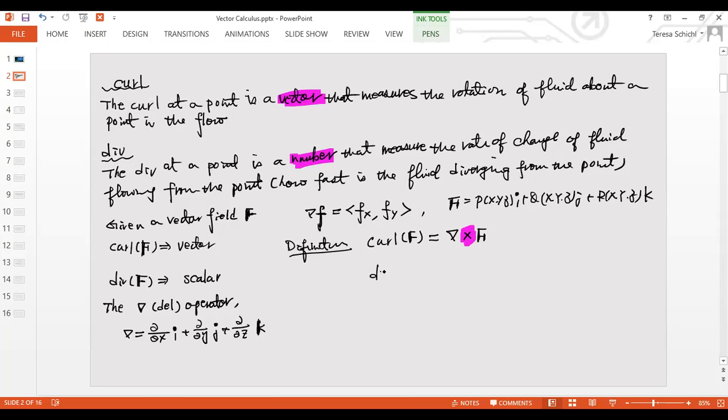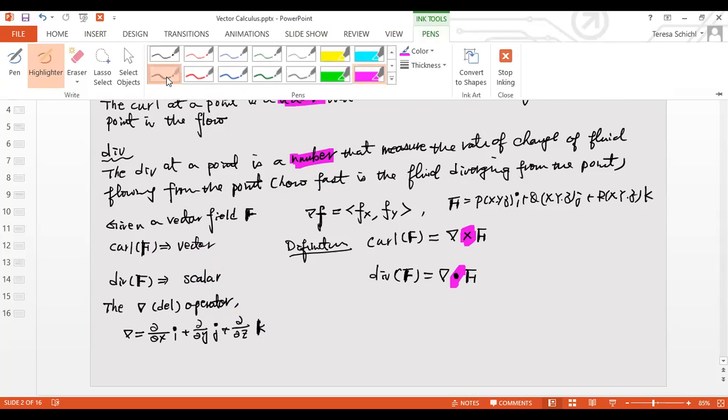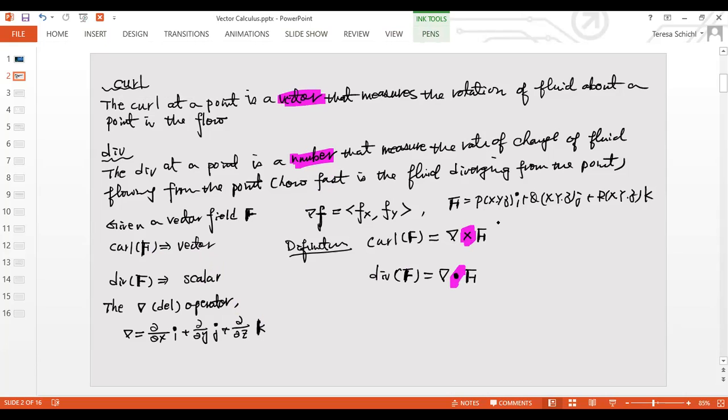Then we define the divergence of the vector field, which is a number. The way we define it is with the dot product of the operator with the vector field. We know the dot product ends up as a real number, so that's why the divergence is a scalar. The curl, on the other hand, uses the cross product with the vector field.